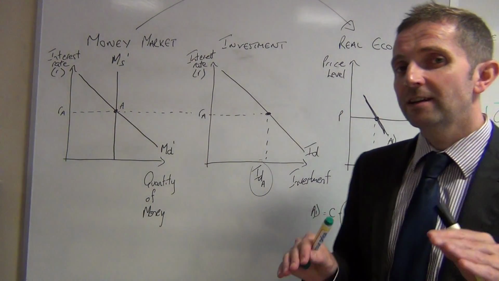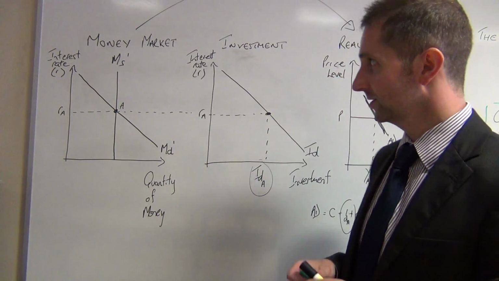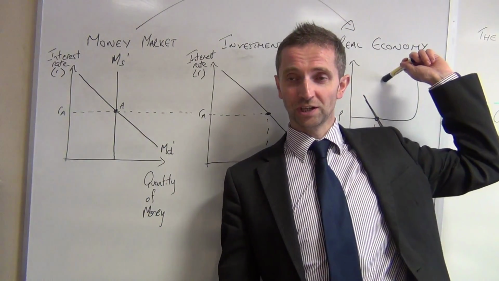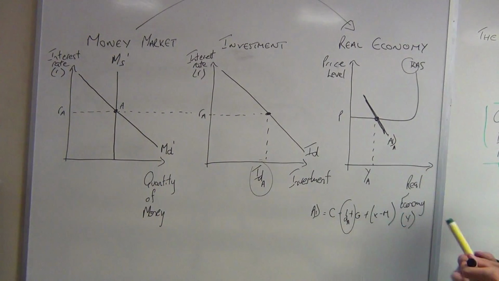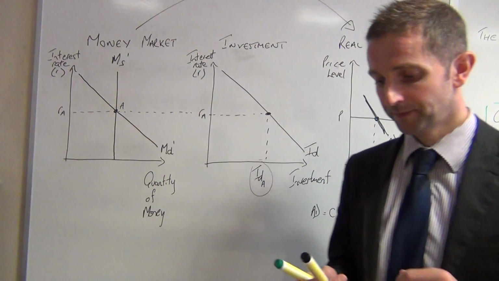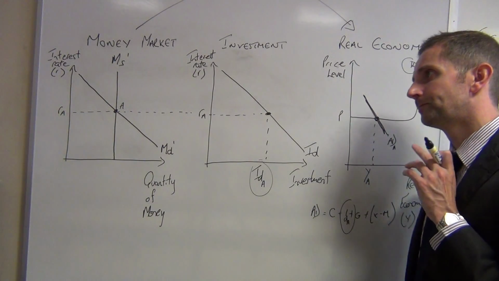Okay, I said at the start that the transmission mechanism tells us how changes in the money market feed through to changes in the real economy. So let's implement a change in the money market. And that change is going to be an increase in the money supply.